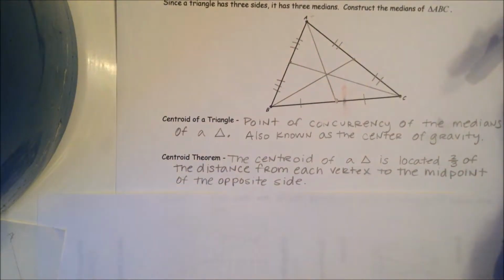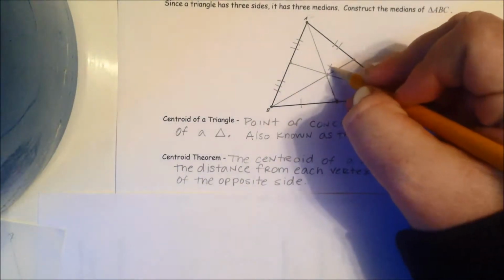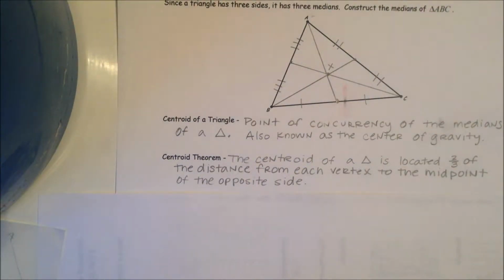And the theorem says that the centroid, this point of concurrency, which we'll call X, is located 2/3 of the distance from each vertex to the midpoint of the opposite side.